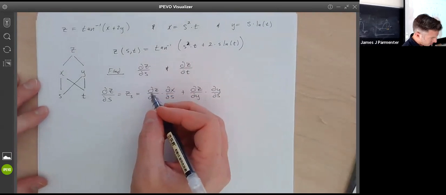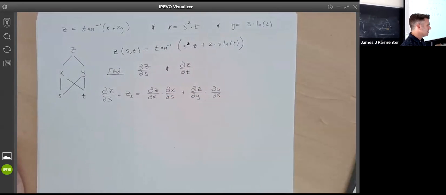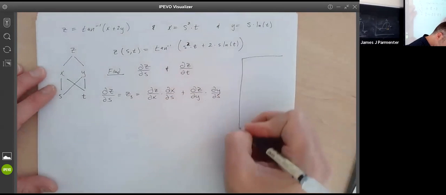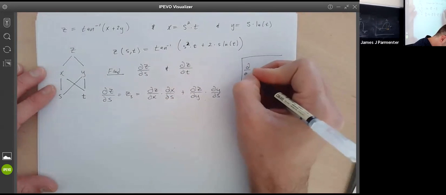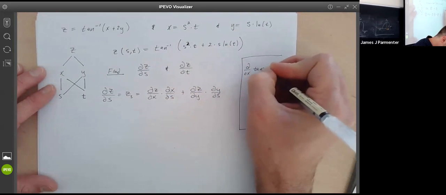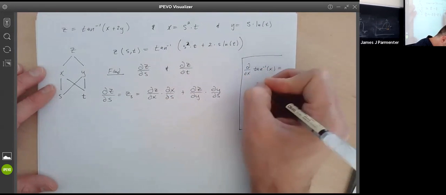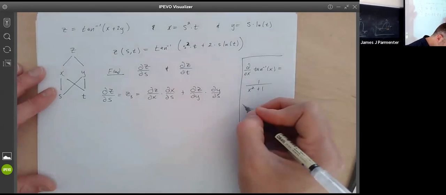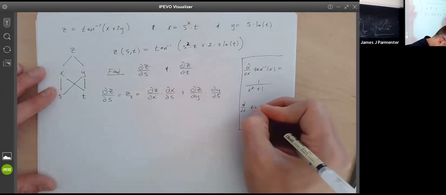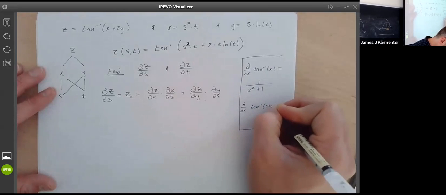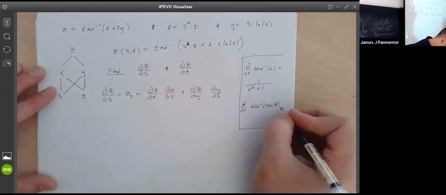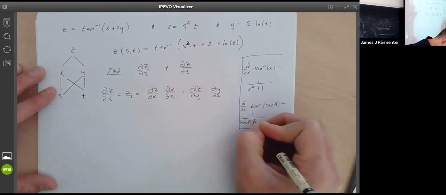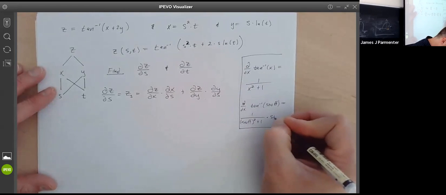So, okay, what's the derivative of inverse tangent? I know it's probably been a little while. Just a quick reminder: the derivative of the inverse tangent of x is 1 over x squared plus 1. So the derivative of the inverse tangent of some stuff is 1 over your stuff squared plus 1 times the derivative of your stuff.